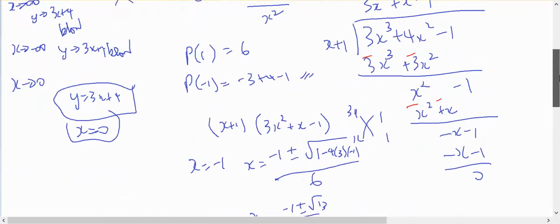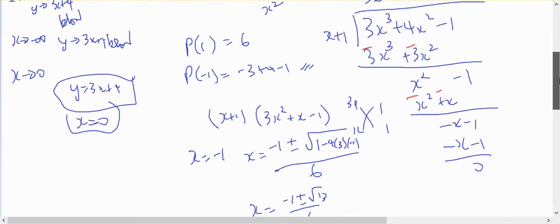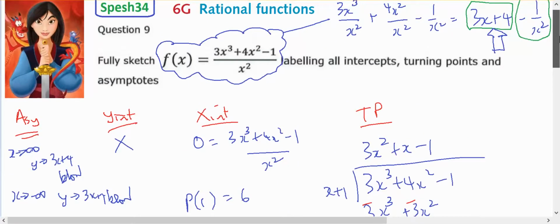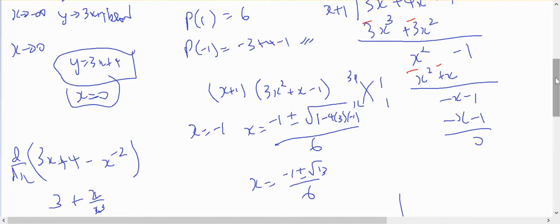Let's find a turning point. So therefore I've got to take the derivative. So I've got 3x plus 4 minus x to the negative 2, and I wish to take the derivative of that. 3 plus 2 on x cubed.